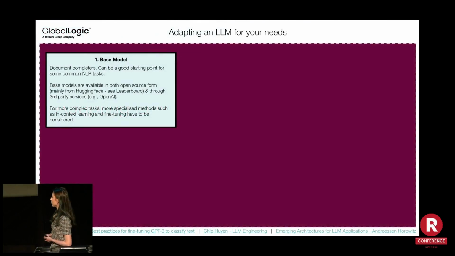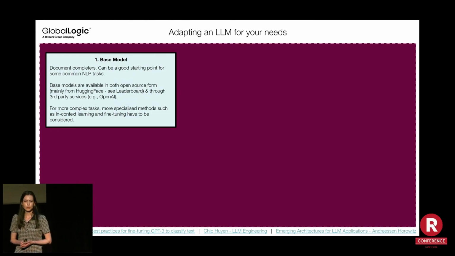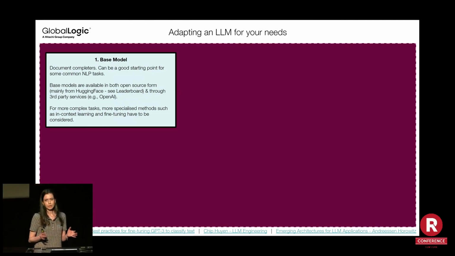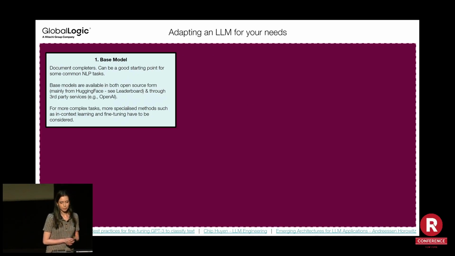A good starting point for our conversation will, of course, be the concept of base models. What these are essentially is more or less pattern completers. You can find them in a variety of places, Hugging Face especially, as well as some being on offer via OpenAI.